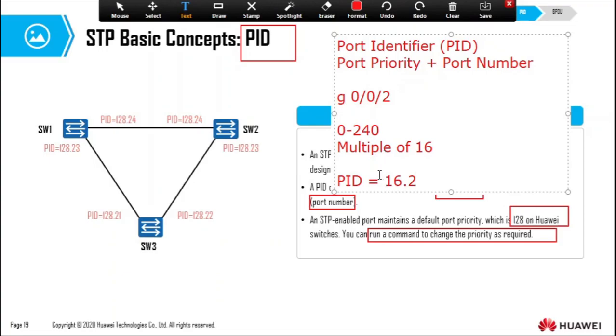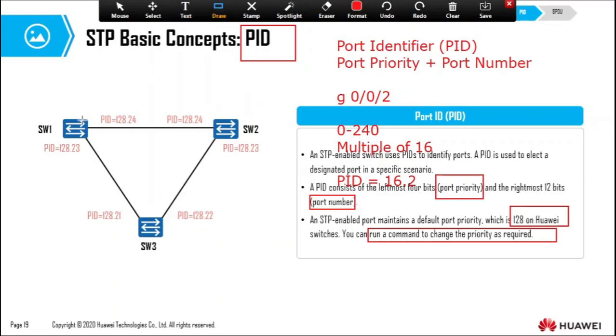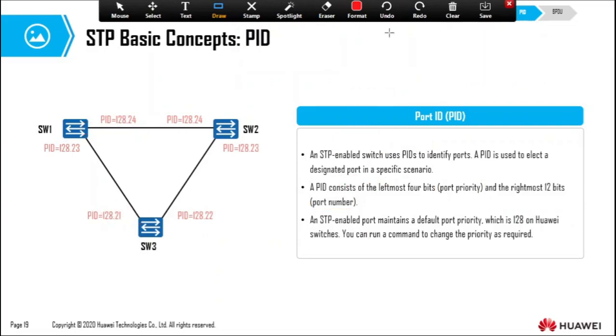Are we together? So that's what we're having here. So this particular port is port number 24. The priority is the default 128. This one here is port number 21. Priority is the default priority 128. And so on and so forth.